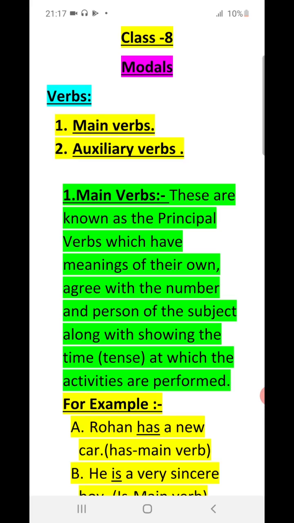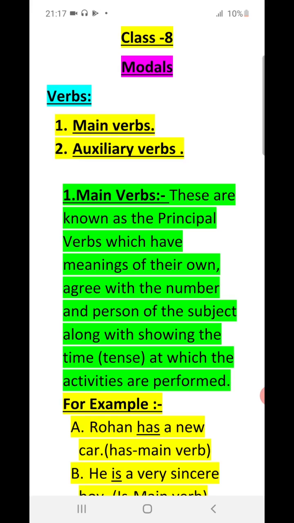Along with showing the time, means whether an activity is taking place in your past time or it has happened recently in the present time or it is going to take place in the future time.